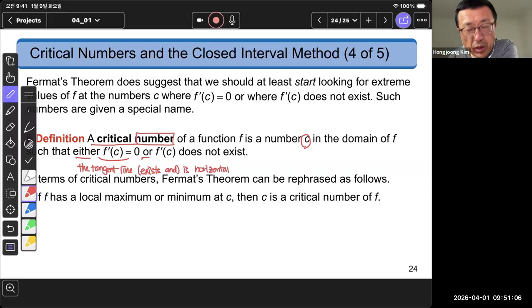Or, so we have either-or. So either the tangent line exists and is horizontal, or f prime of c does not exist.